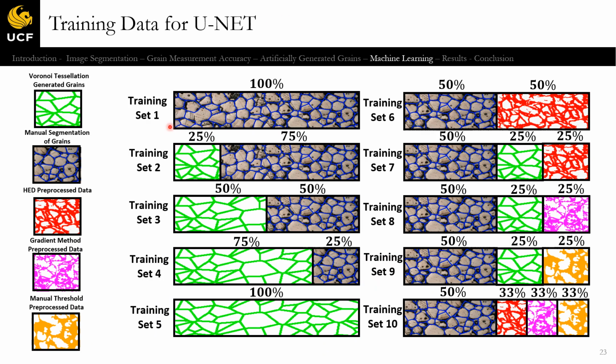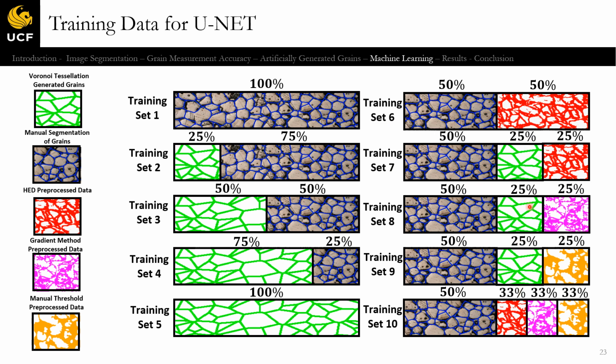Okay, so here's that. Training sets 1, 2, 3, 4, and 5. 5 is entirely artificial data. And then 4, 3, and 2 are increasing percentages of manual data: 25 to 75, 50-50, 75 to 25. And then 6 through 10 are all just different amounts.